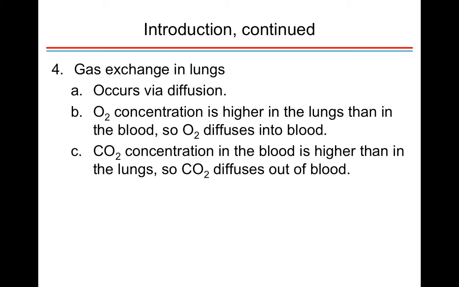This facilitates the diffusion of oxygen from the lungs into the blood. And then in contrast, carbon dioxide concentration in the blood is higher than that of the carbon dioxide concentration in the lungs. So CO2 diffuses out of the blood and into the lungs. So we can then exhale the carbon dioxide, and we're inhaling. As we inhale, we're bringing in oxygen, and then as we're exhaling, we're breathing out carbon dioxide.